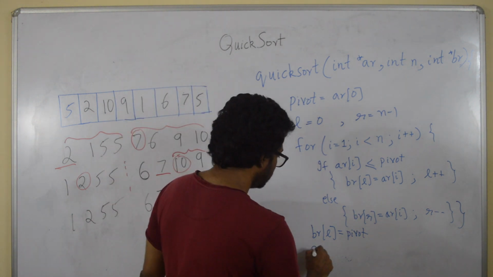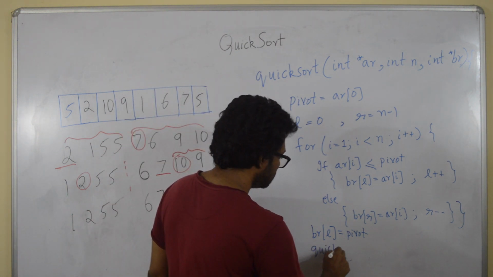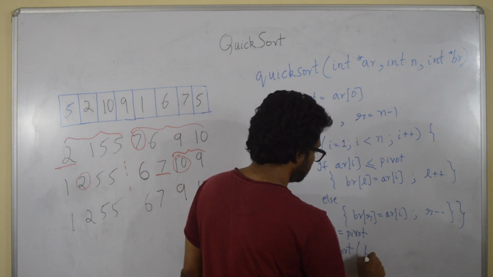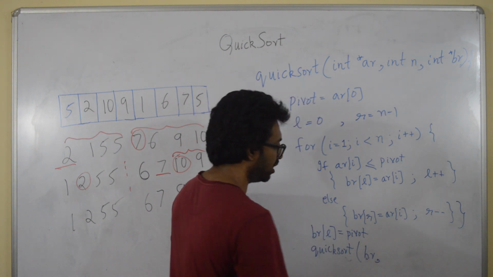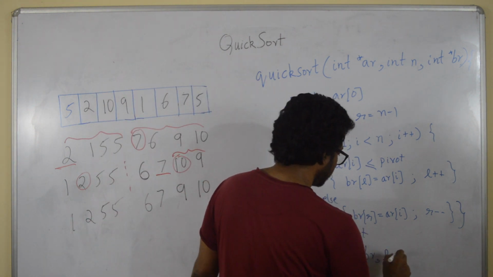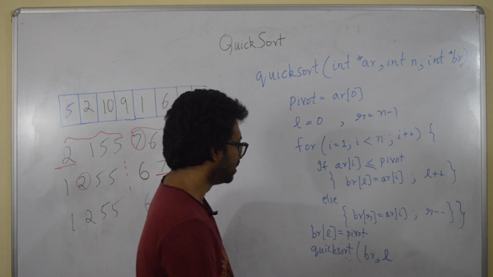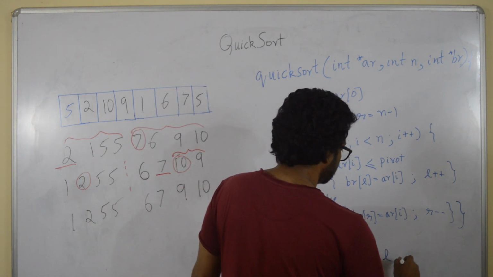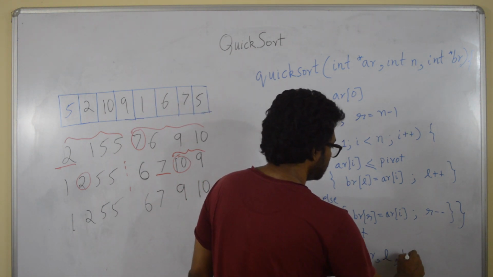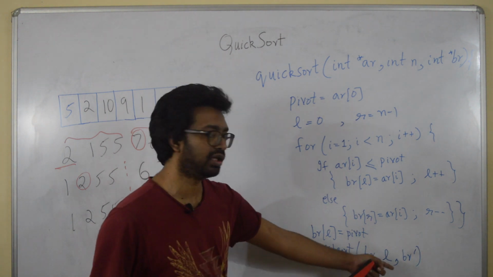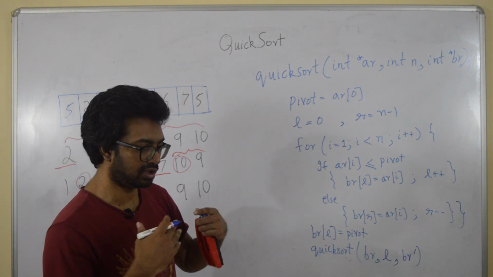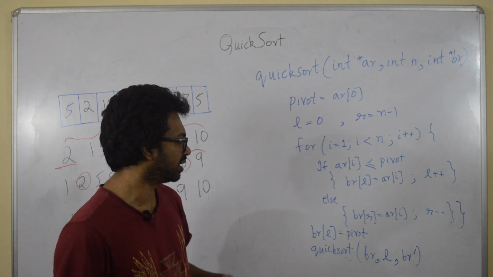So I have to call Quicksort, and I have to call BR, and how many on the left? There are L many on the left side of the array. Also we'll have to pass a new array here, so we'll have to allocate memory for this new array, and this recursively is going to be sorted there.